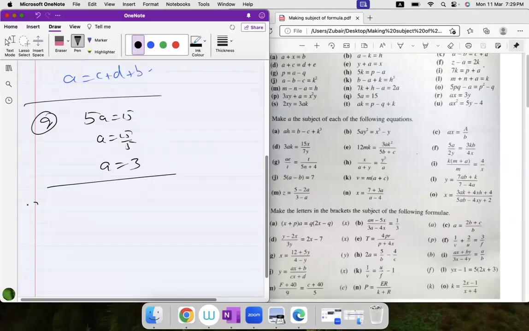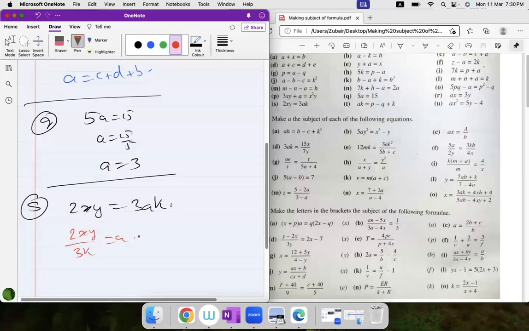Next, 2xy is equal to 3ak. So 2xy over 3k equals A. Correct.